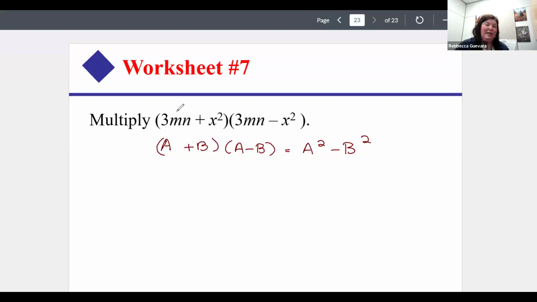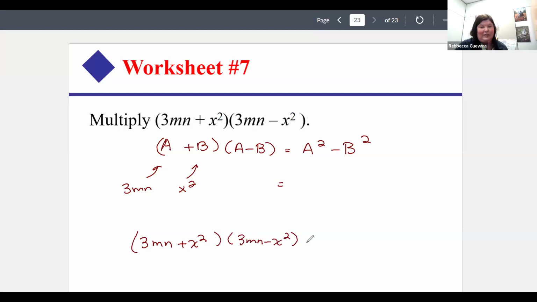Okay, so what we've got is an a plus b and an a minus b. So my a is my 3mn because that's the term, and my b is going to be the x squared. So if I have (3mn plus x squared)(3mn minus x squared), then all I'm going to have is the (3mn) squared minus the (x squared) squared.